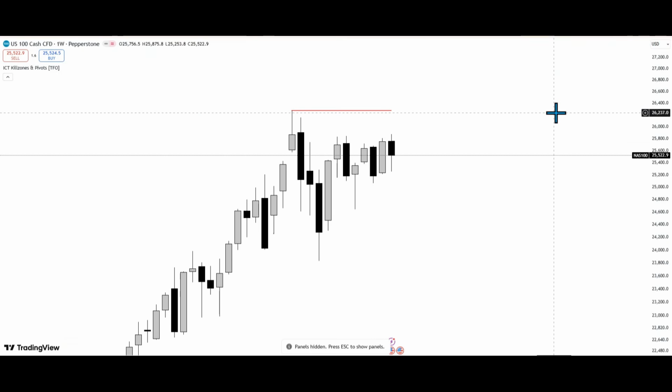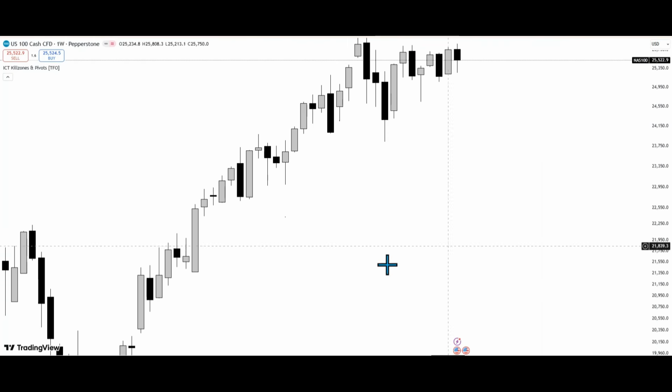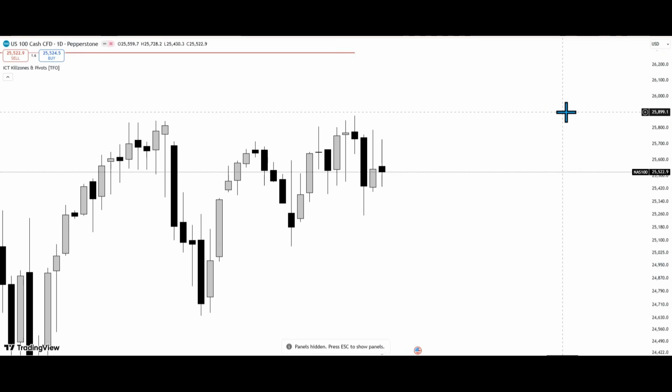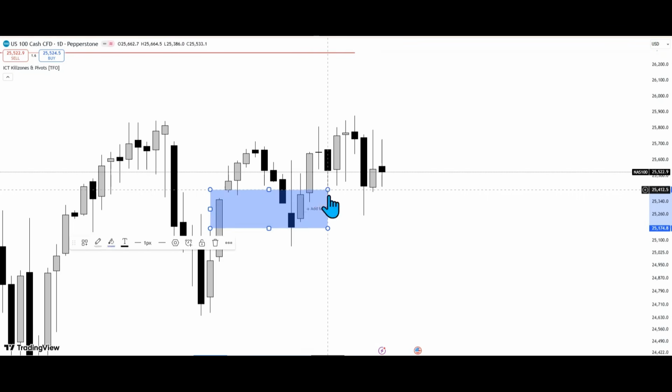bearish moves. So let's look at NAS 100. If you look at NAS 100, we're in some sort of consolidation. This is more of a ranging market, because NAS 100 has been having bullish moves and has been at all-time highs. If you look at the daily time frame, you can see we had this fair value gap here at some point, which price used as support to push price higher.